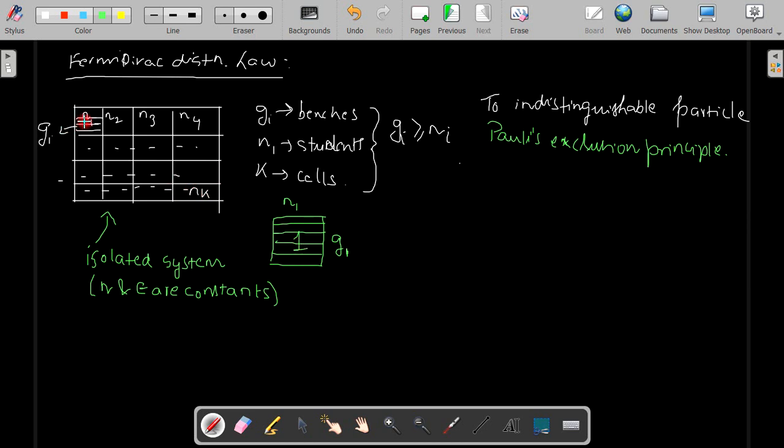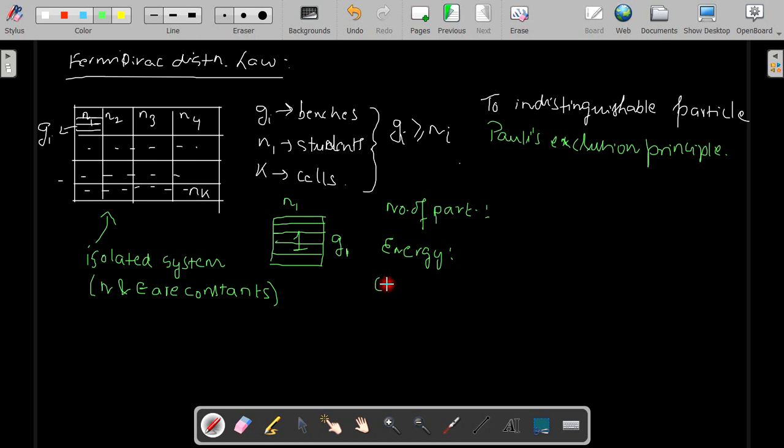So this is number k, and this is number 1. This is something which is being arranged. What we understand here is that we can say the number of particles first; in our analogy, the number of students. Then we can say what is the energy in each cell, 1, 2, 3, and so on up to the kth cell.